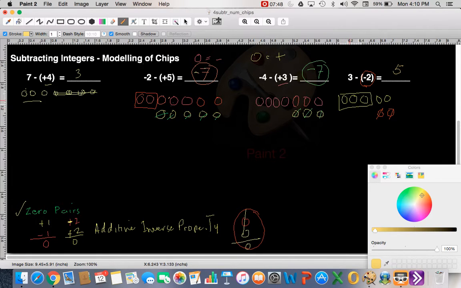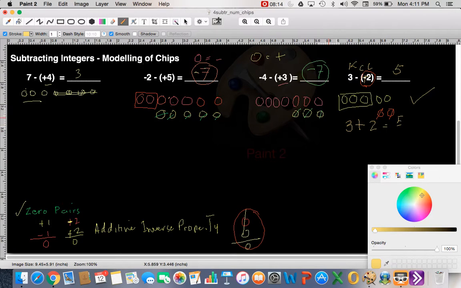Positive 5. So if you're going to check it, if you KCC this, K, keep, which is 3, you change this minus sign into positive, and you change this into a positive 2, you will end up with 3 plus 2, which equals 5.